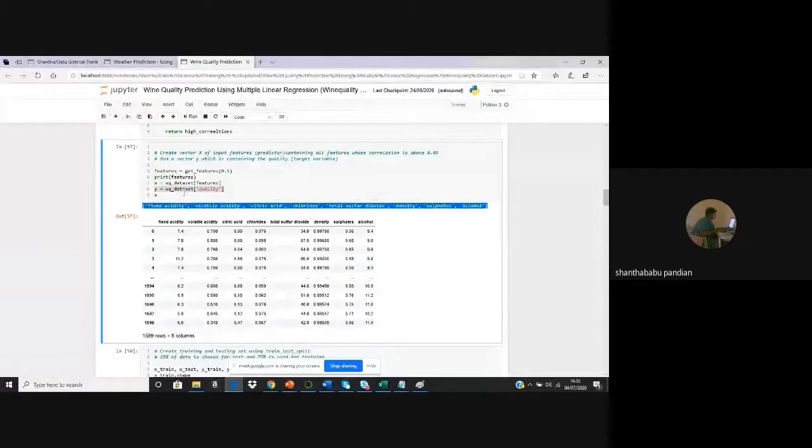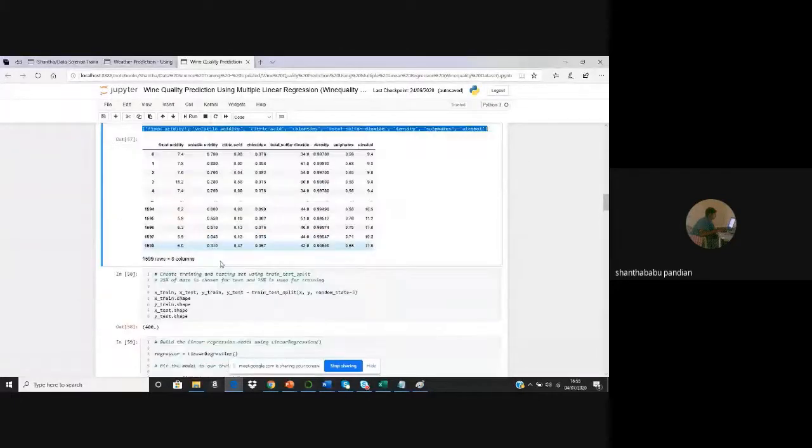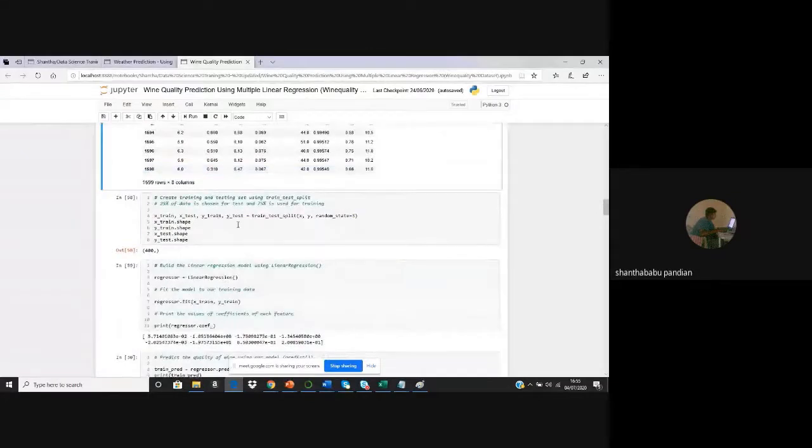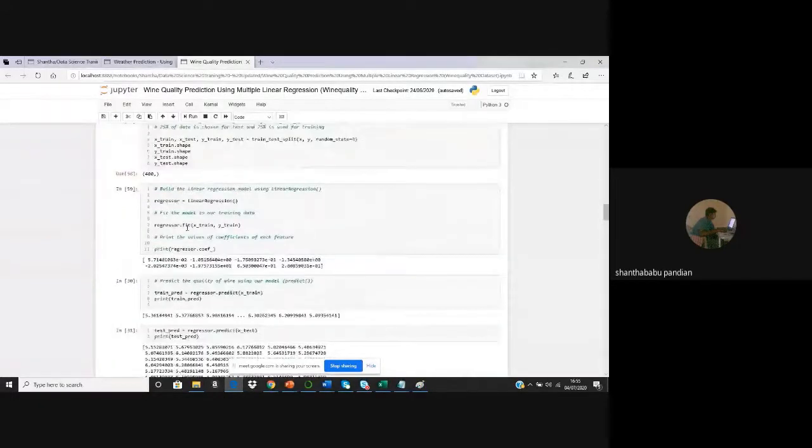Forget about all this code; I will share it and you can go through it. We have already discussed it. Here I'm doing a random split and applying my linear regression.